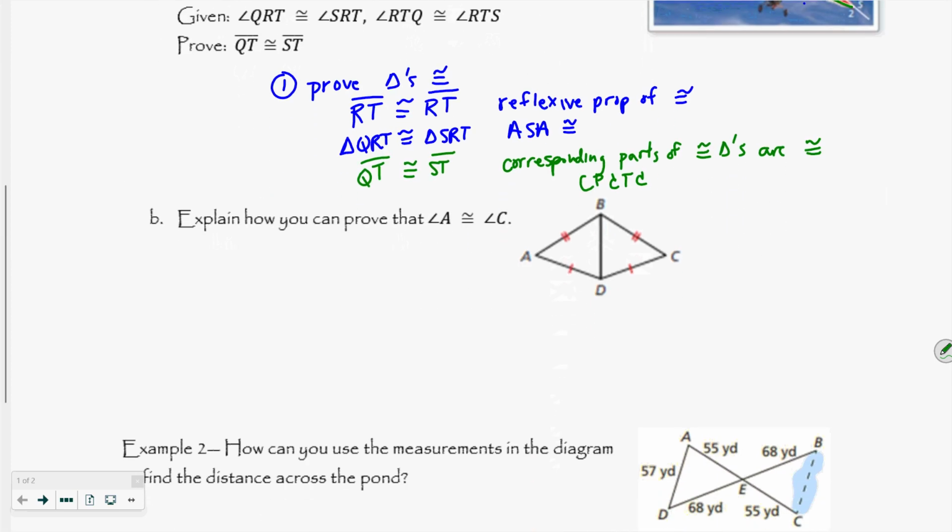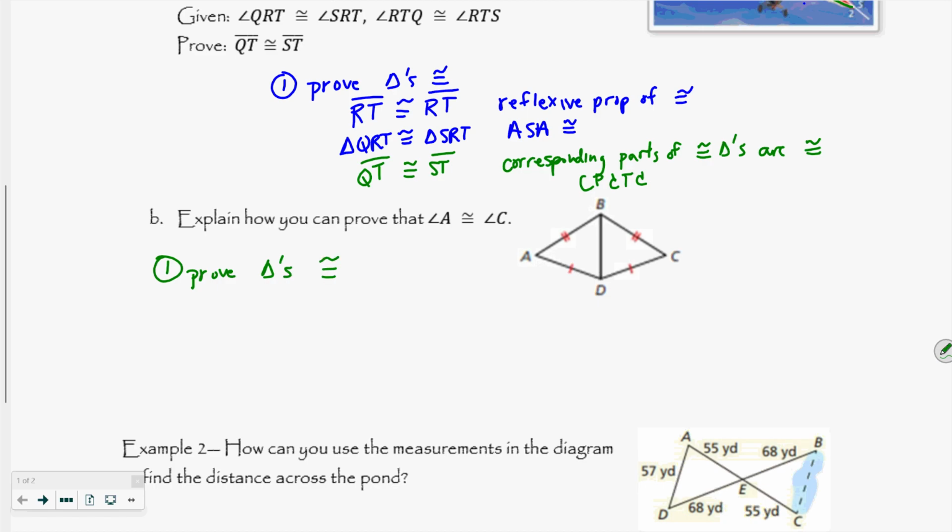Okay. So part B, we're going to do kind of the same thing here. So far I have 2 sides in one triangle congruent to 2 sides in another triangle. So how can I prove the 2 triangles are congruent? First thing, I want to prove the triangles are congruent.